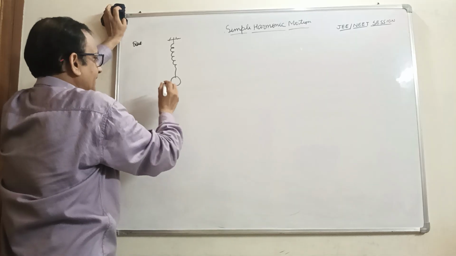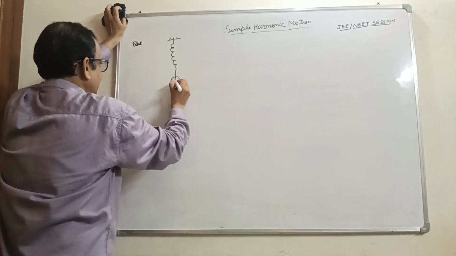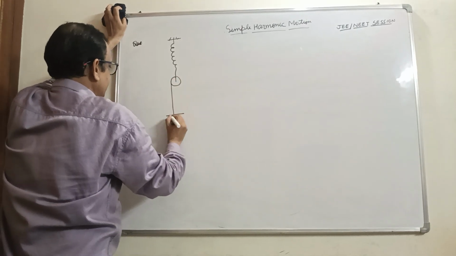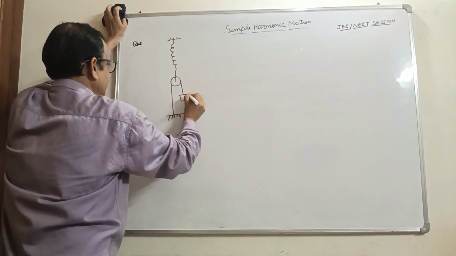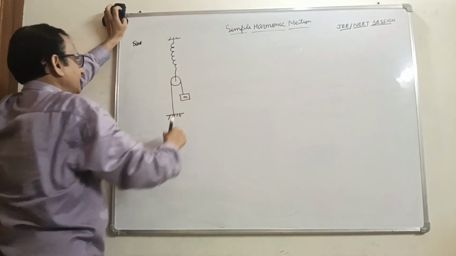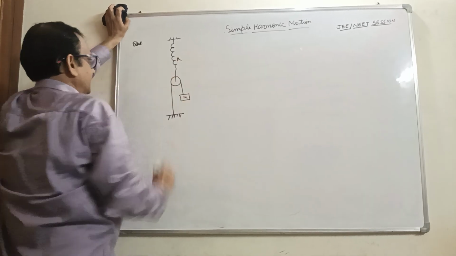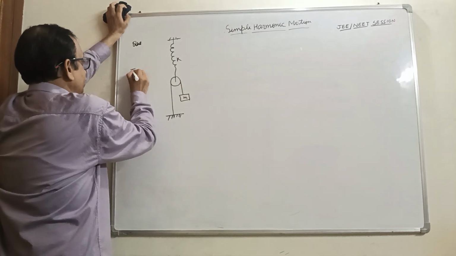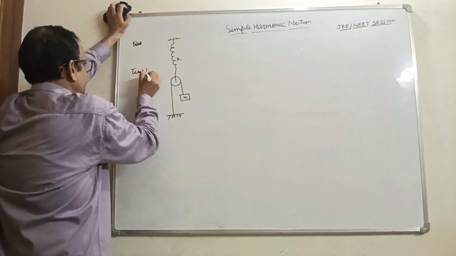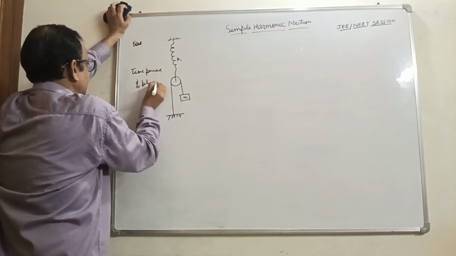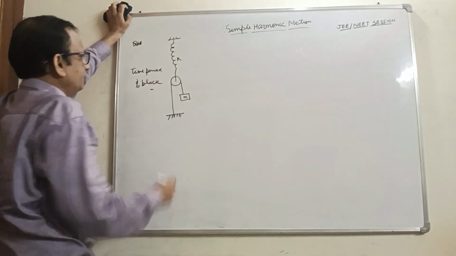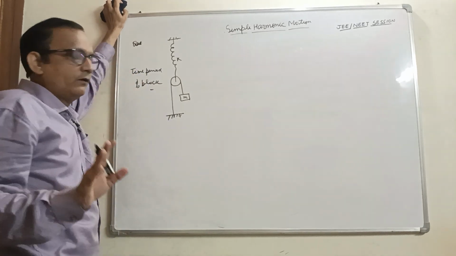This is a massless and frictionless pulley, and here this length is fixed and a mass is suspended. The spring constant is k. We have to find the time period of the block.